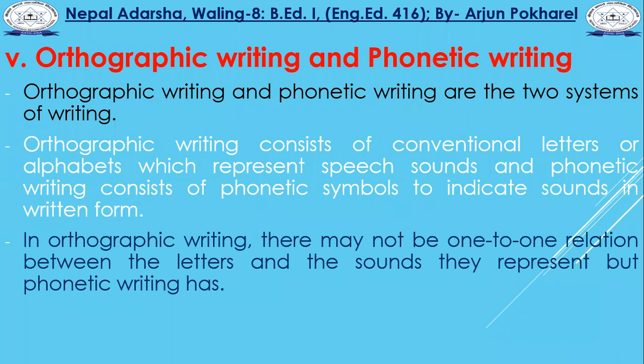But phonetic writing has a one-to-one correspondence, a one-to-one relationship between the sounds and the writing system. Ka is ka in phonetic writing. Pa is pa in phonetic writing. Ya is ya in phonetic writing. We say ya and we write ya.